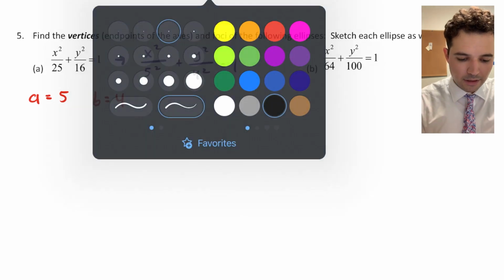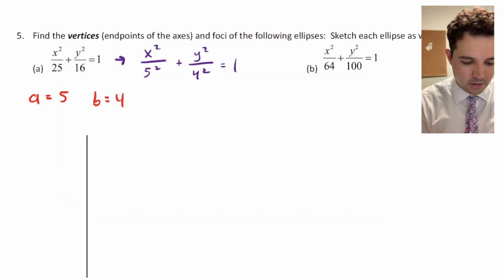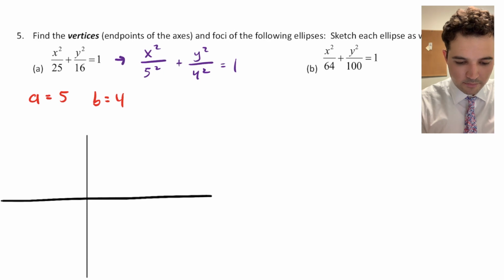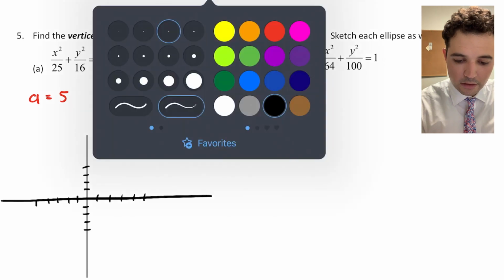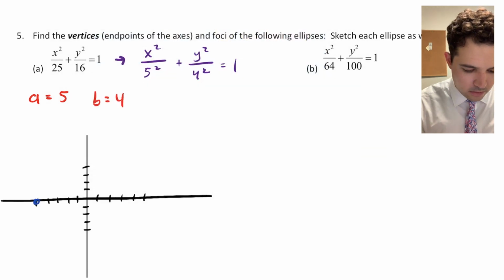And so if I want to graph this ellipse, I know that 5 units away from the center on either side left or right, and 4 units away on either side up or down, those will be my vertices, because I have this a distance of 5 and this b distance of 4.